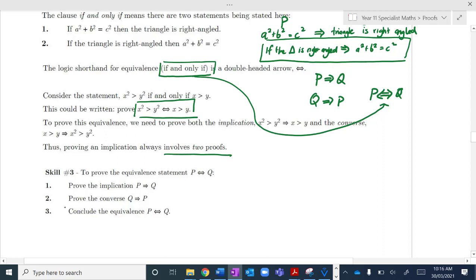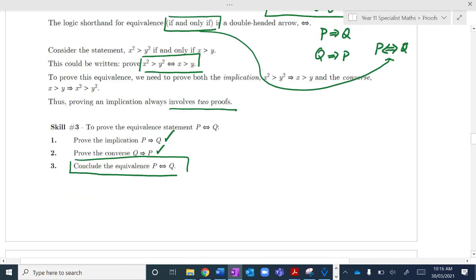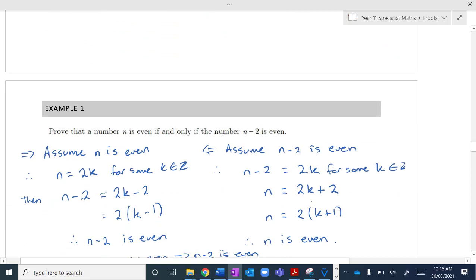So we first prove that P implies Q, then do the same for the converse, and hence conclude that P if and only if Q.